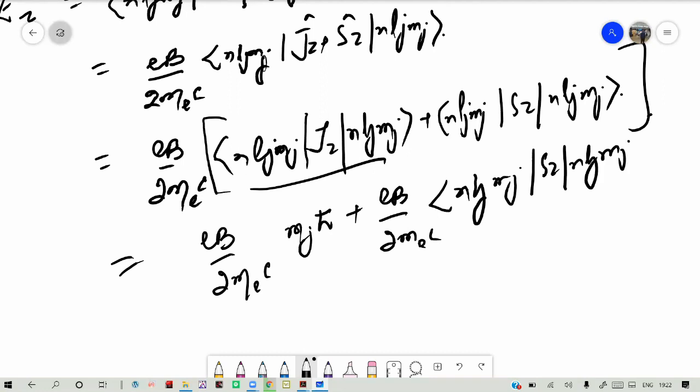Here actually it is m_s now. So S is coupled to J. So that is why we cannot write S_Z separately here.